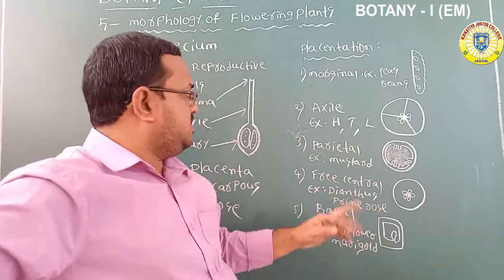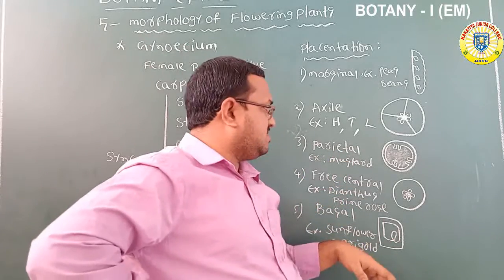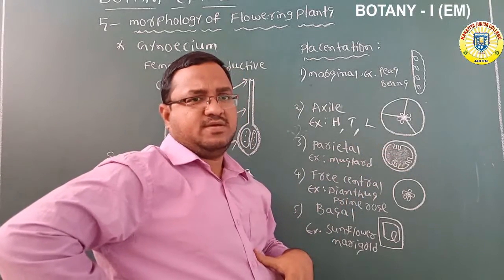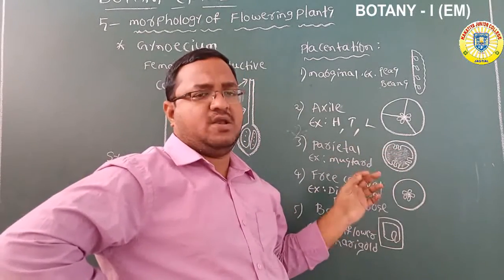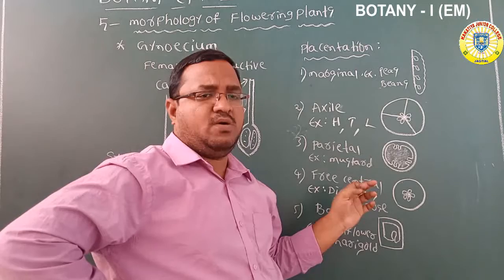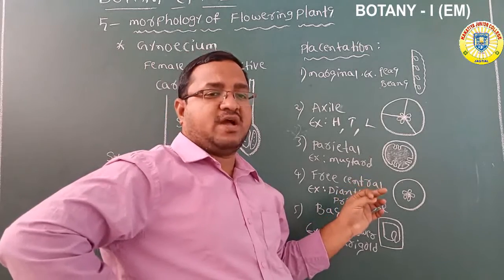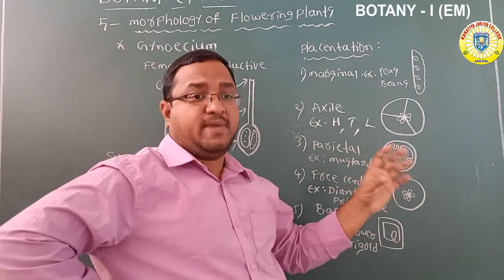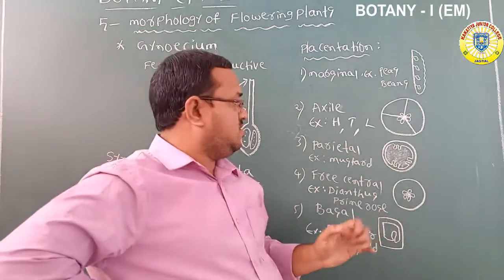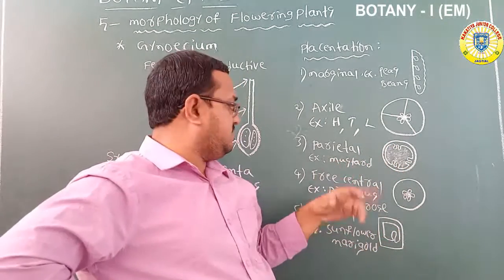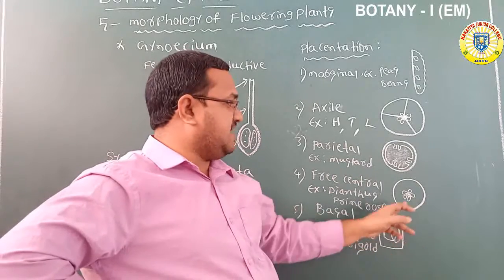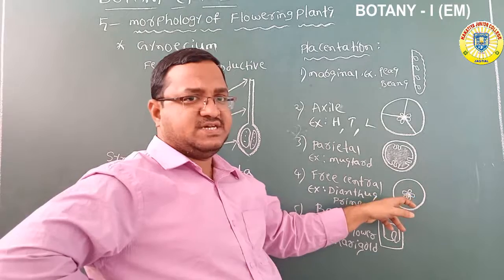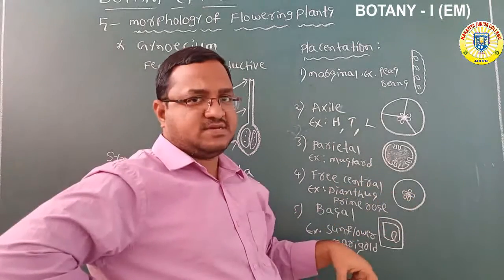Next, parietal placentation. The ovules are attached at the inner wall of the ovary. Actually, this is a single locule. Because of the forming of false septa, it appears like a bilocular ovary. Best example is mustard. Free central: the placenta forms at the center of the axis without forming any septa.